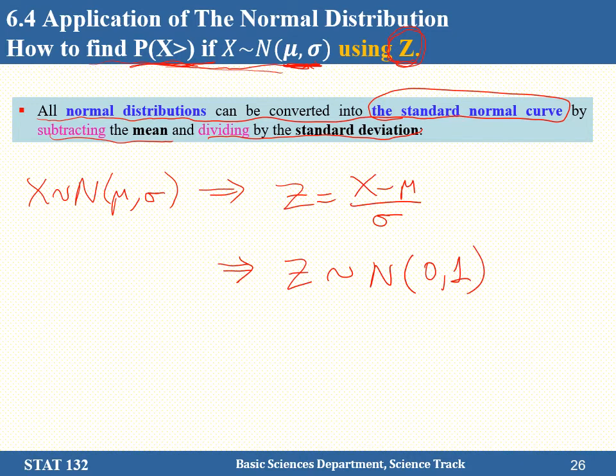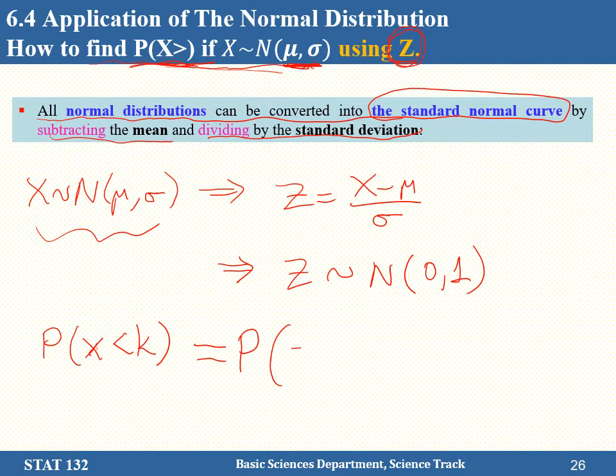So what is its implication to our problems? Here, for example, if you're asked to find the probability that x is less than k, where x has a normal distribution with mu and sigma, then this is equal to the probability that z is less than k minus mu divided by sigma.